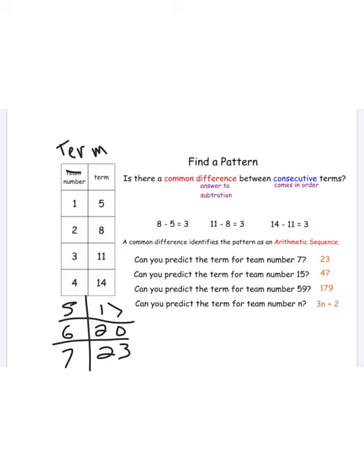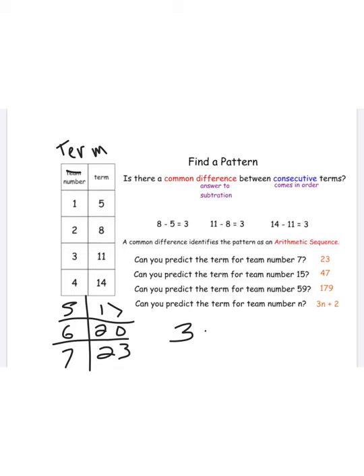And the expression for this particular term or pattern is 3n plus 2. You should notice, and we'll review this in the next slide, the 3 is the common difference. So the common difference is always multiplied by your variable, which normally we use n, and then we have to see what we can add or subtract to get to the term that's in the table. So for example, if we take the common difference, which is 3, you always want to start with the first term in your table, which is always going to be term number 1.